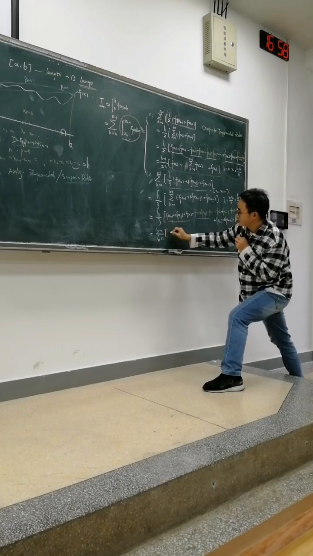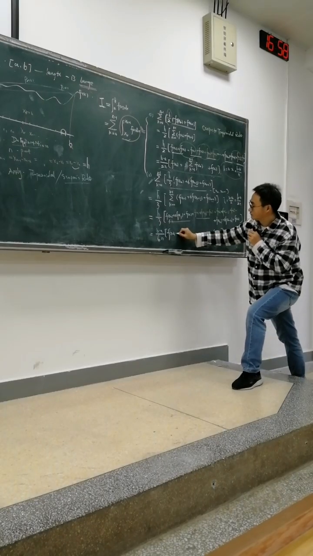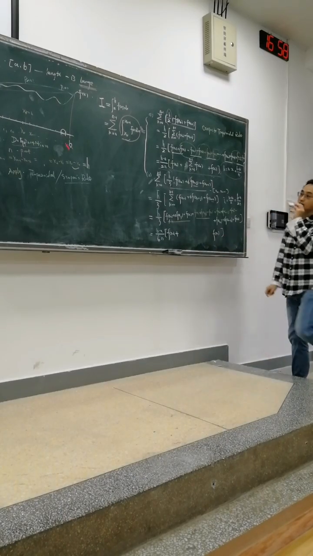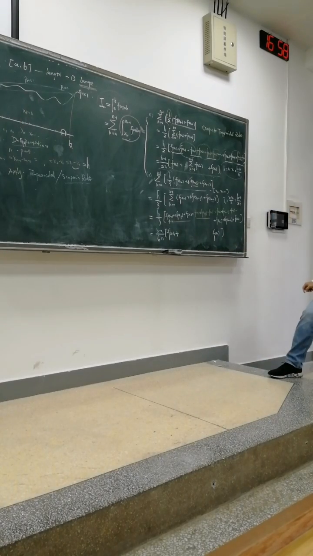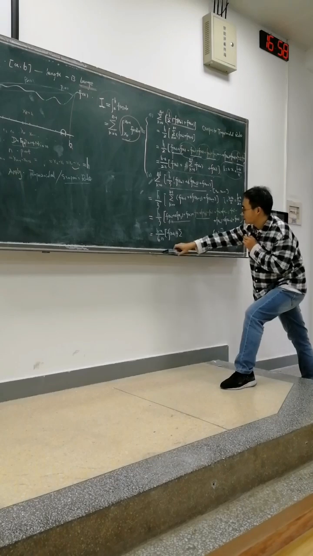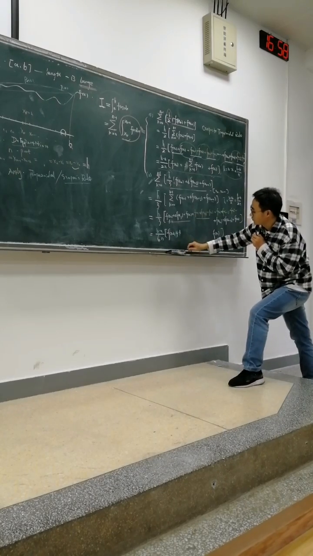The first function value appears one time, and the last appears one time. In each of the middle points, we have one each. At each of the subintervals, we have a middle point. We have n middle points. Here should be a summation. We can take the coefficient 4 outside.